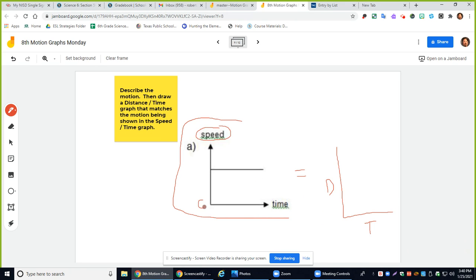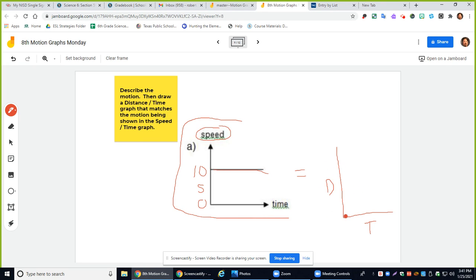This is 0 miles per hour, 5 miles per hour, 10 miles per hour. So what do you think now? It's moving at 10 miles per hour. Okay, in other words, a constant speed, yes? Would you agree with that? It's a constant speed? Yeah, okay. This is a speed time graph, and what this is showing is an object traveling at a constant speed.